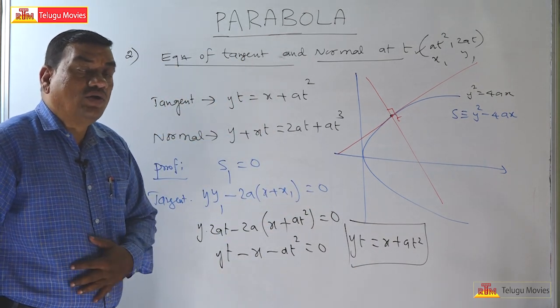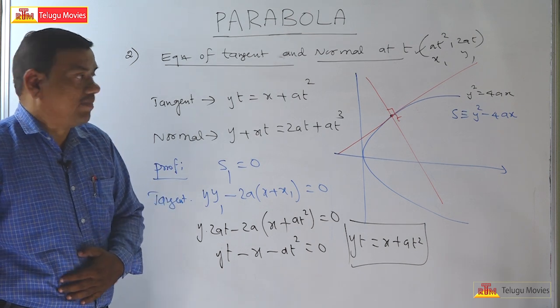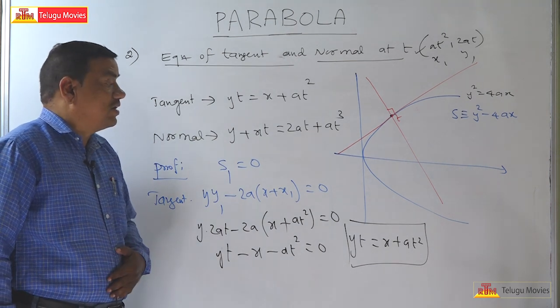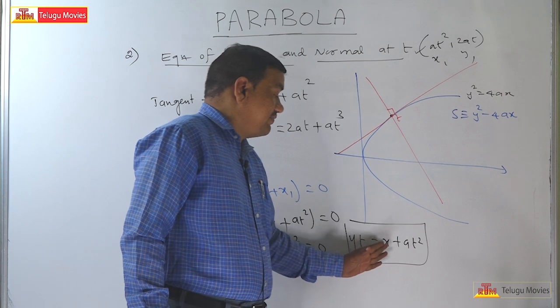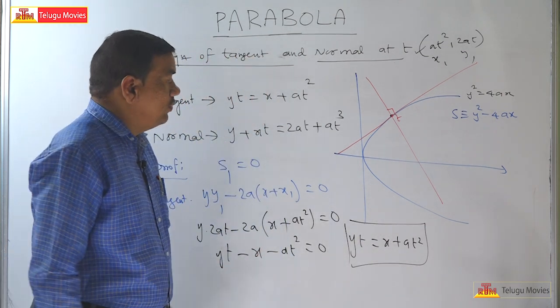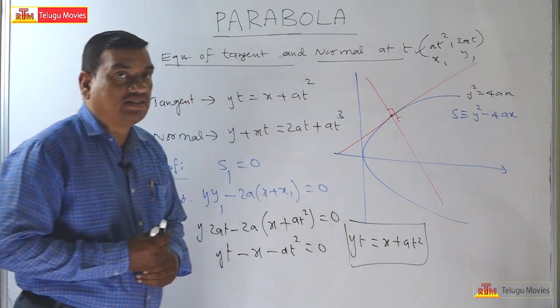And we can find out the equation of the normal also. If you want to find the equation of the normal, this tangent equation is in the linear form ax plus by plus c is equal to 0. The normal will be bx minus ay plus k is equal to 0.